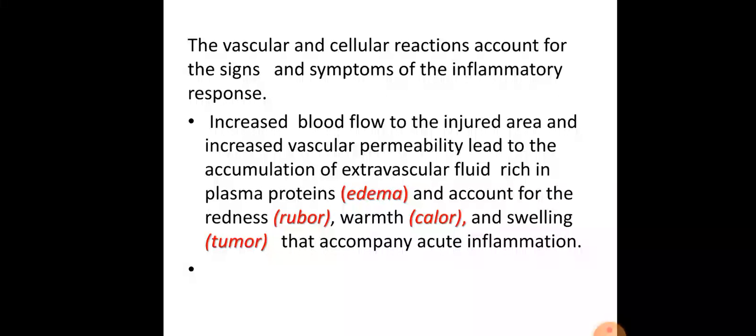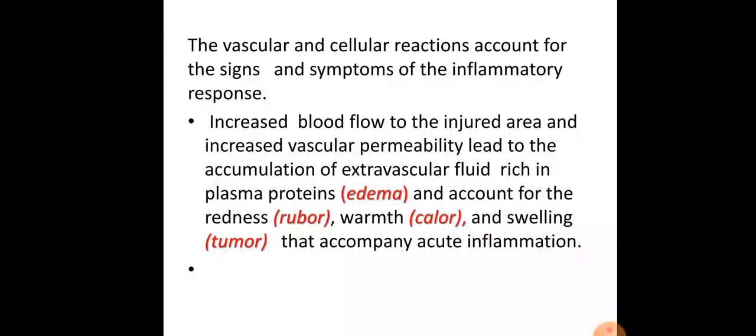And the redness, in Latin rubor, is due to the increased vascular congestion and increased diameter of the blood vessels, opening of new capillary beds at the site of the inflammation to increase the blood supply at this area.